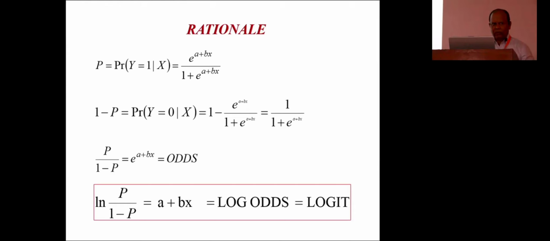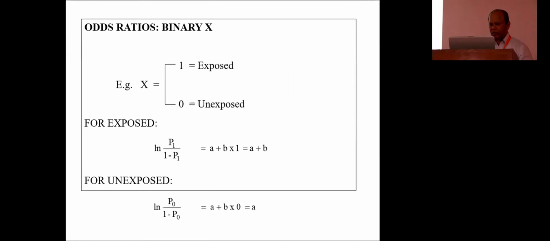This is what we call the regression coefficient. If you take the anti-log of the regression coefficient, that gives you the odds ratio.